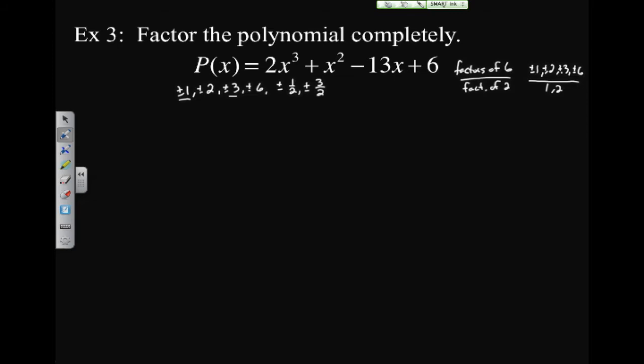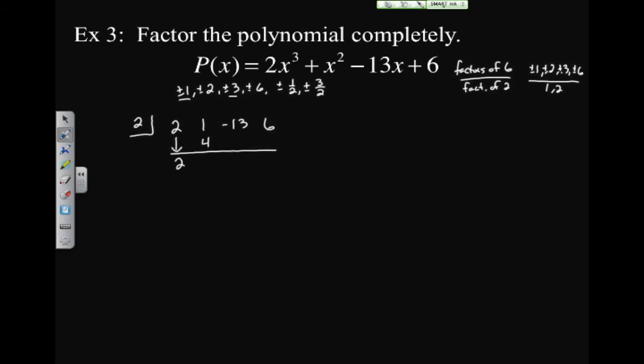So what we need to do now is, using this, we've got 2, 1, negative 13, and 6. And we need to try and figure out what we can do here. And I honestly don't know what's going to work, so I'm just going to try 2. So let's say we've got a 2 here, and we bring down a 2.